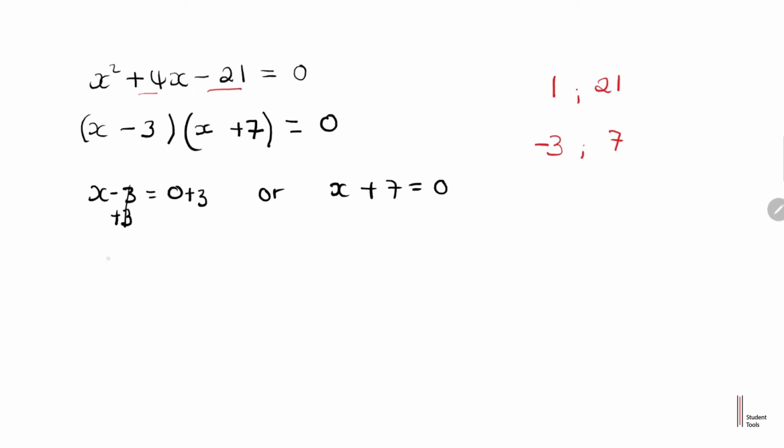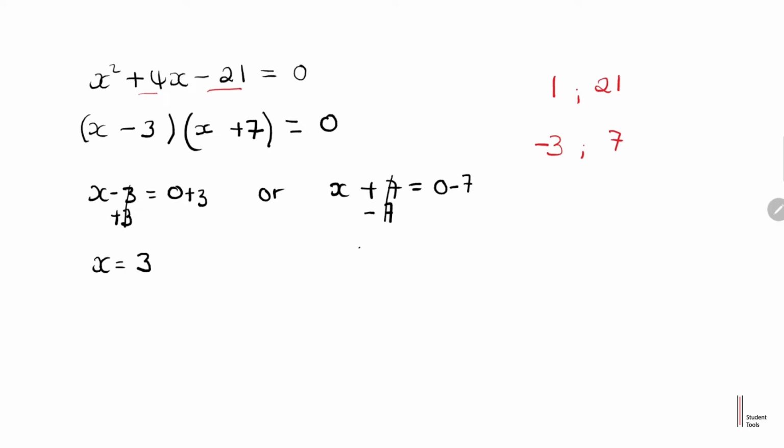So this will be a 0. x will be equal to 0 plus 3, so that is 3. x is equal to 3. And this side we have x plus 7. We make x the subject by subtracting 7 on the left and also on the right hand side.